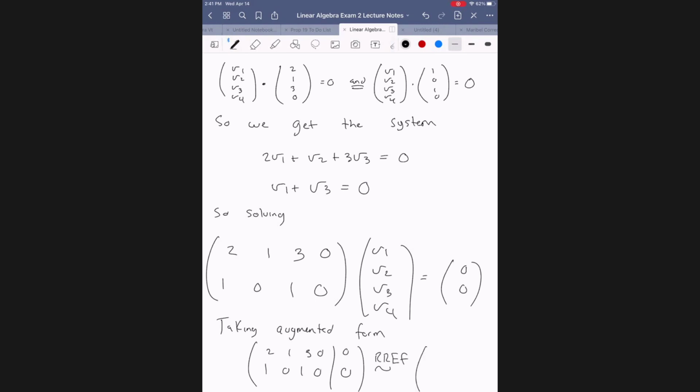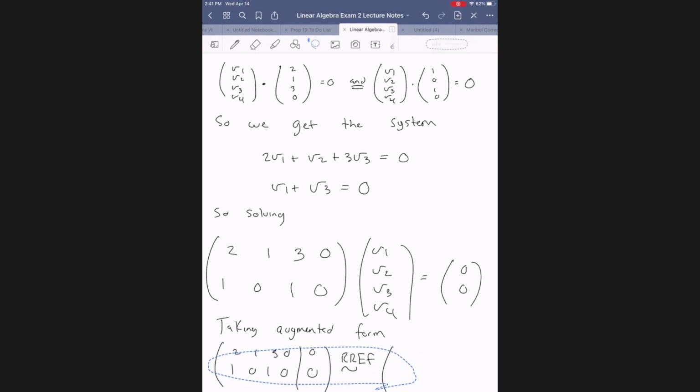So like I said, you can just use an RREF calculator or whatever at this point. I'm not going to make you do it by hand. Like I said, I'm doing all this live, so I just need to RREF it.